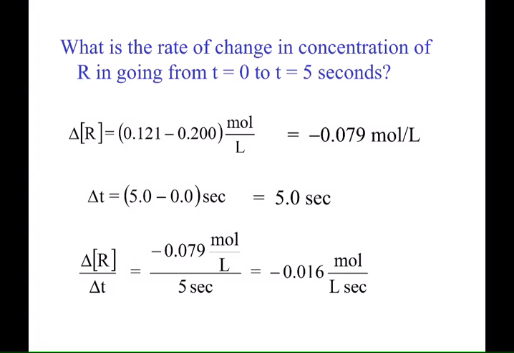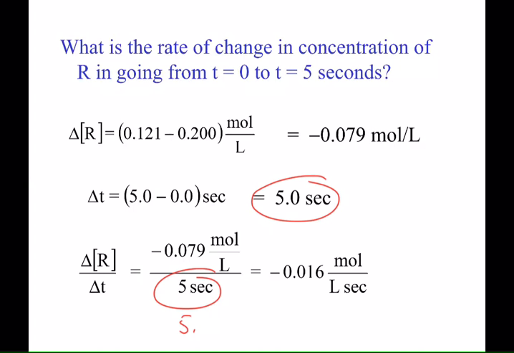So the rate with regard to the reactant is 0.016 moles per liter per second, and of course it's negative. Any questions about that? I got a little sloppy here. Look at my delta T. It should be 5.0 to give 2 sig figs.